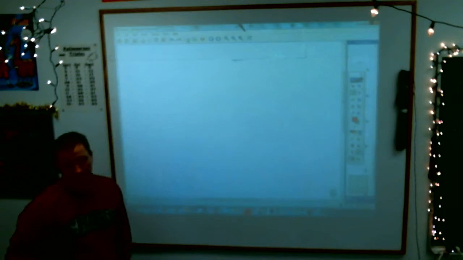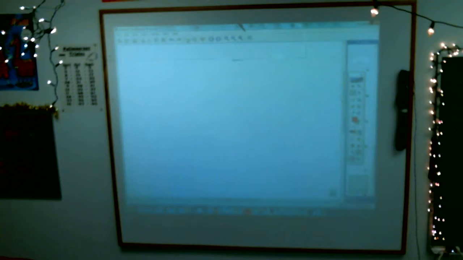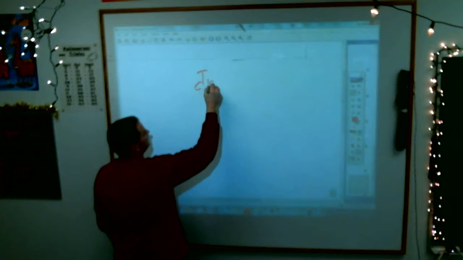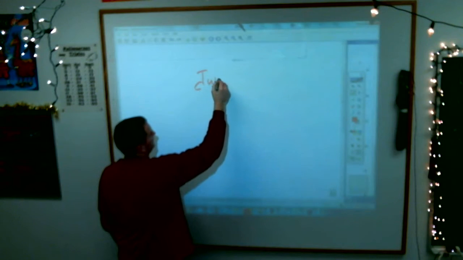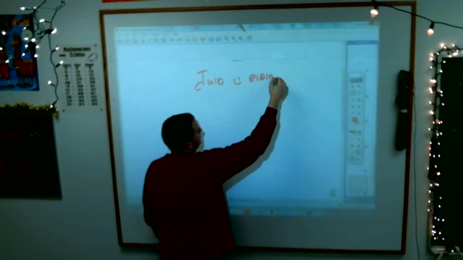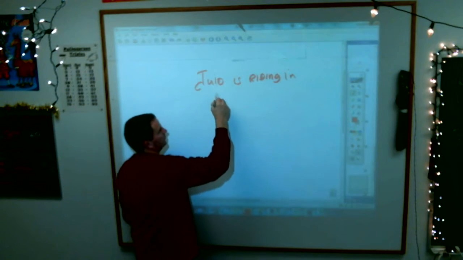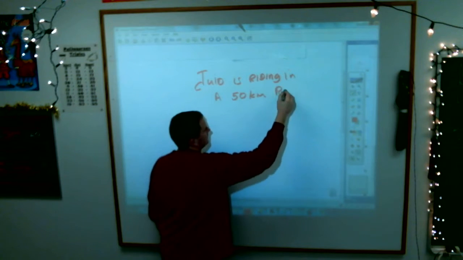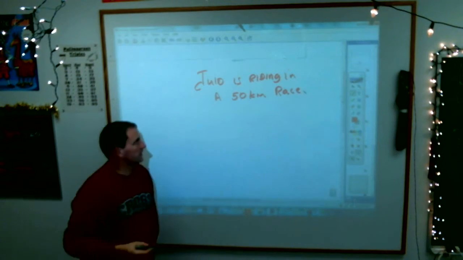I can tell you're mesmerized by that, let's look at another one. Julio is riding in a 50-kilometer bike race. Write that down. Julio is riding in a 50 km race. Hopefully he's riding in a car.